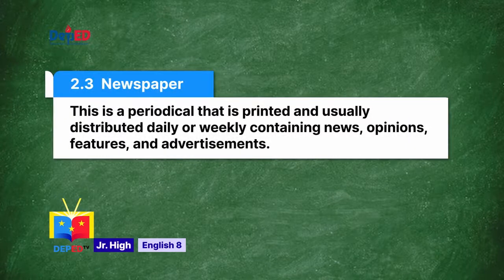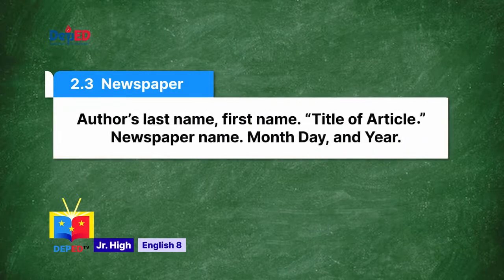Then we have newspaper. This is a periodical that is printed and is usually distributed daily or weekly containing news, opinions, features, and advertisements. This is the format in writing a newspaper bibliography.